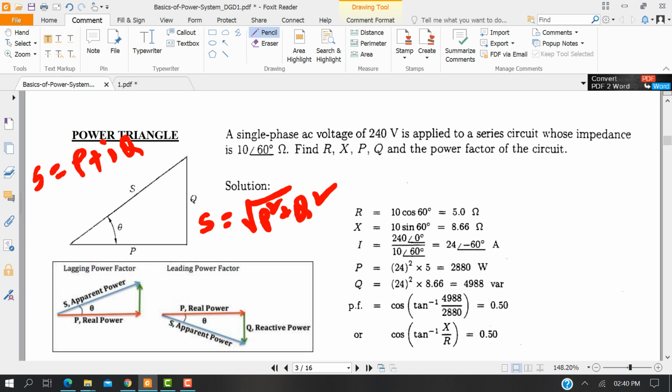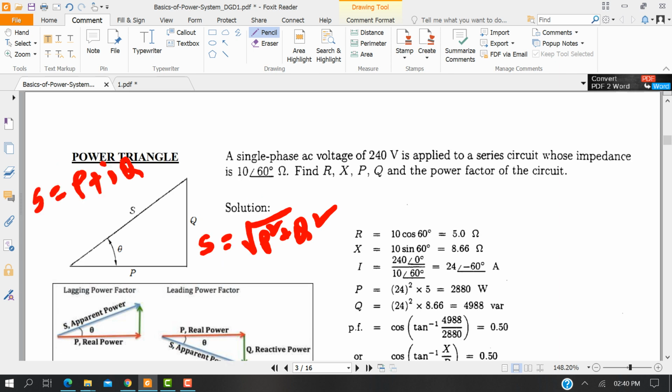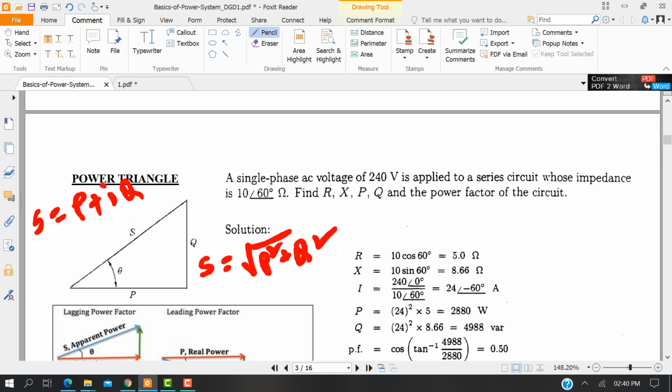For lagging power factor, the reactive power goes upward, because theta is positive, and for leading, the capacitive case, it goes downward. So that is the basics of the power triangle. Similarly, we can write Z equal to x plus jy, then this is x, this is y, this is Z, and this is theta. Okay, now let's see an example.